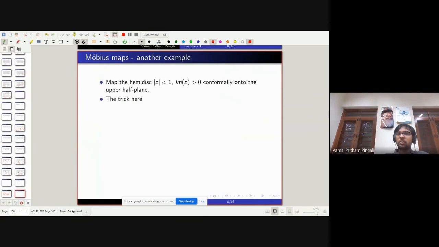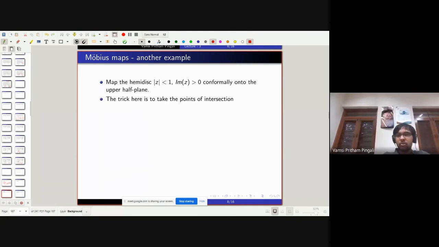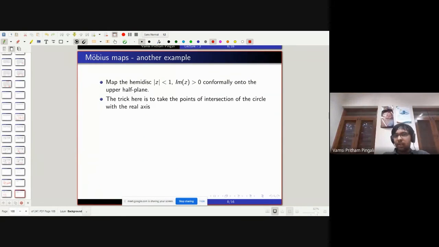The trick is as follows. These are the crucial things. This is where some change happens, right? Look at these two points, where the circle meets the real axis, and take them to 0 and infinity using a Mobius map.